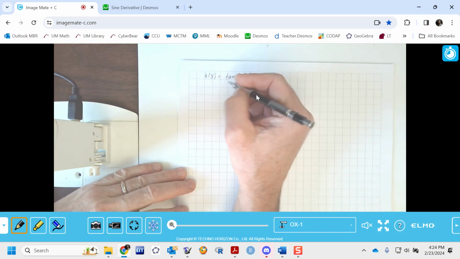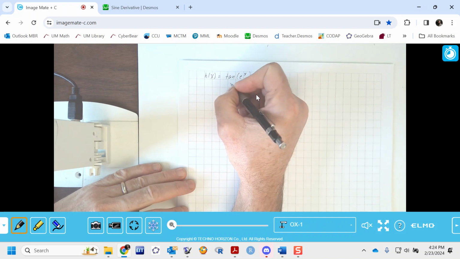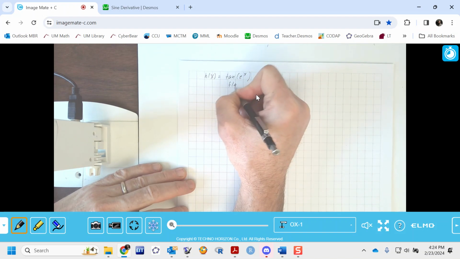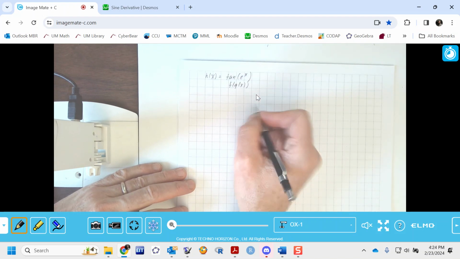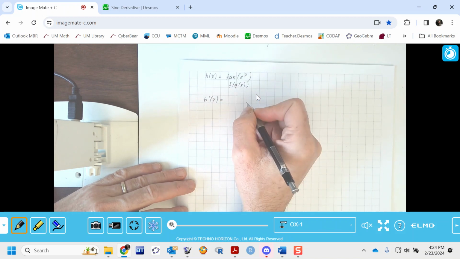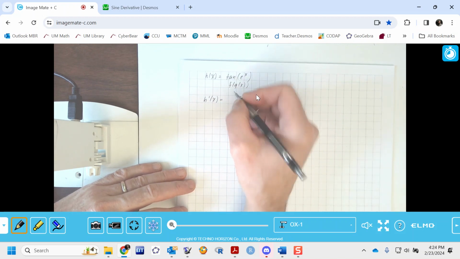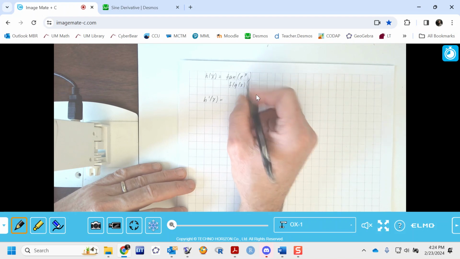So again, hopefully you recognize this as another situation where we have, I'll use f of g of x here, right? A function inside of another function. So if I want to find the derivative of this function, what I need to do is apply the chain rule, which will take the derivative of the outside function, leaving the inside function alone.